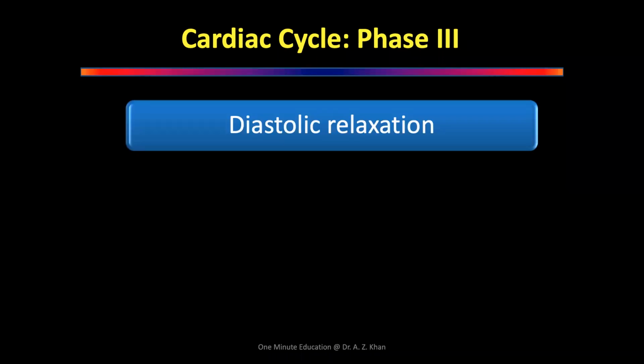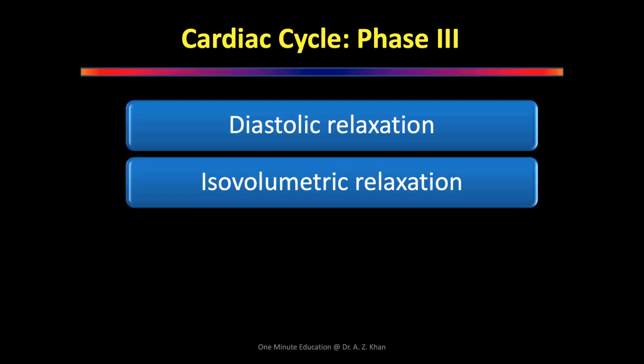relaxation. Diastolic relaxation means the volume is remaining the same, but the myocardial muscle is relaxing because the AV valves have not opened. The mitral and tricuspid have not opened as yet, and the muscle has started to relax. That is called isovolumetric relaxation.